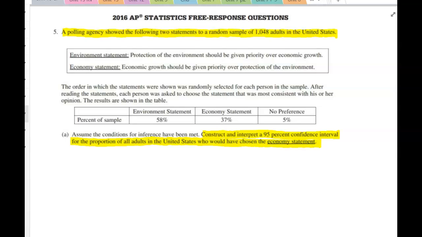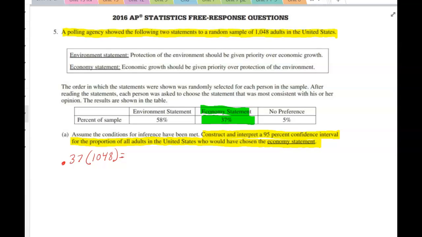So for the economy statement, I'm going to highlight this in green, we know that 37% liked that statement. So the first thing we might need to do is take 37%, or 0.37, times 1,048 in order to figure out how many people preferred that statement.